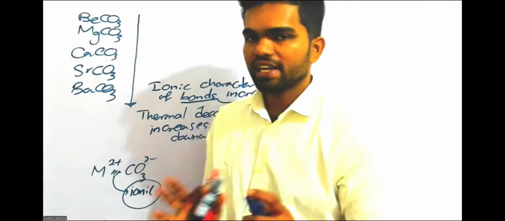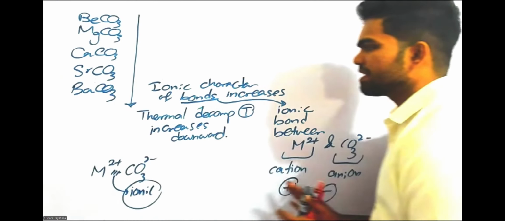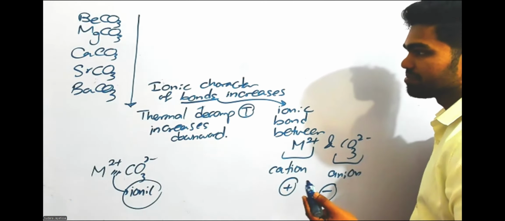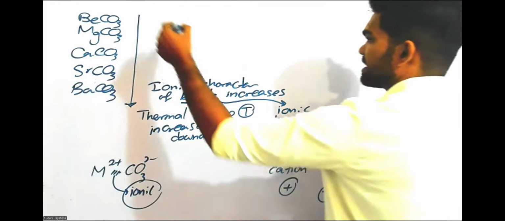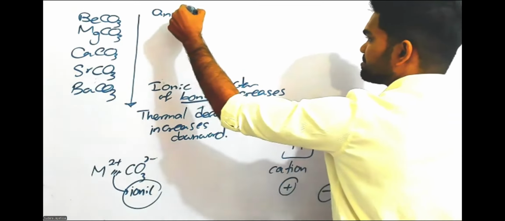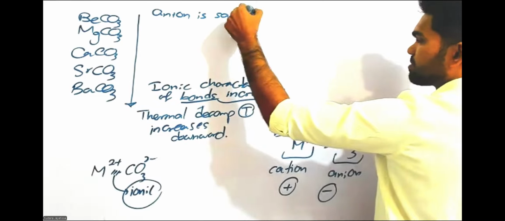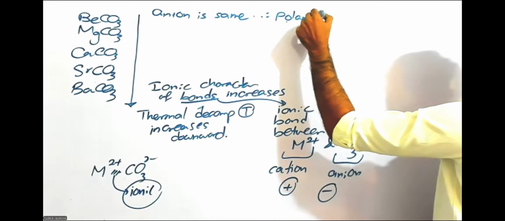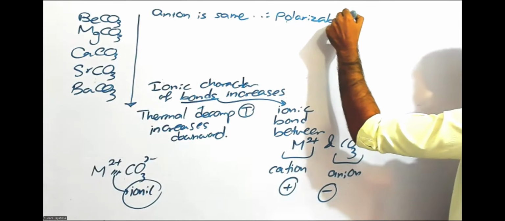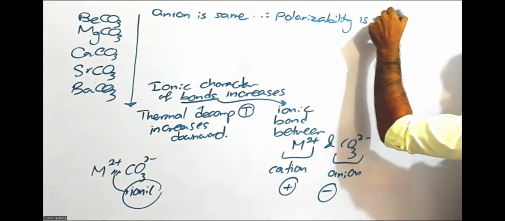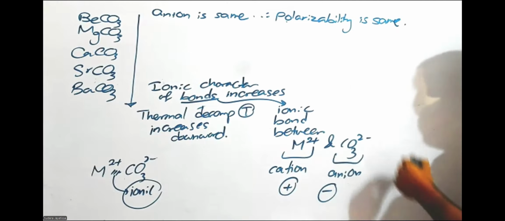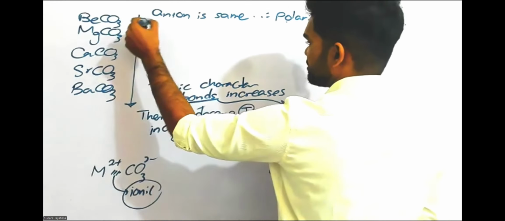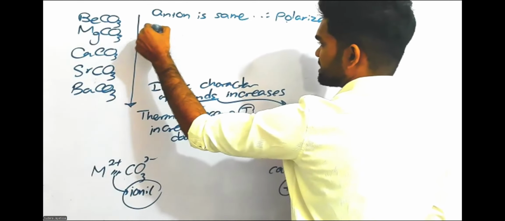The anion is the same. Therefore, polarizability is the same. Here, my cation is changing. Therefore, polarization power.